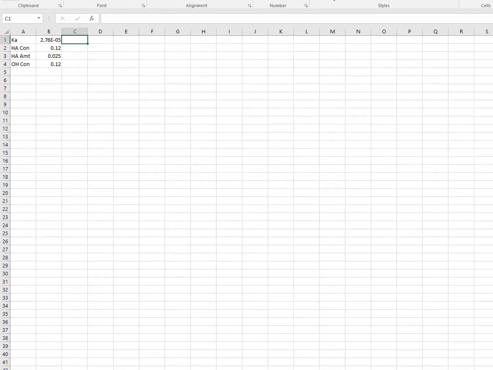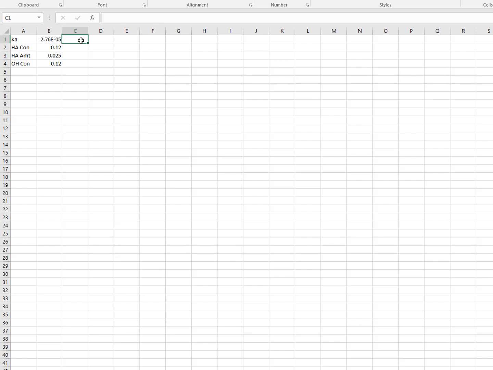The next thing we want to do is get our volumes put in. I want volume increments of 1 mil, so this is a volume of OH. I want to do this in units of liters, so 1 milliliter is going to be more than this. I'm starting at 0, and then I write in equals this plus 0.001.